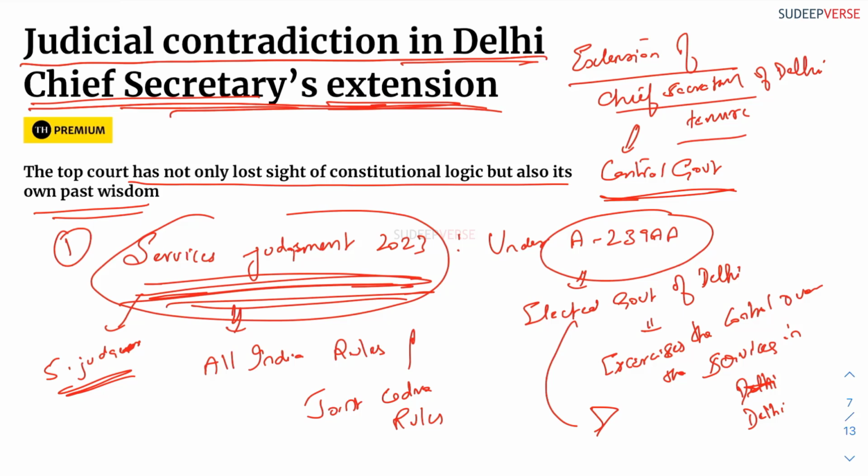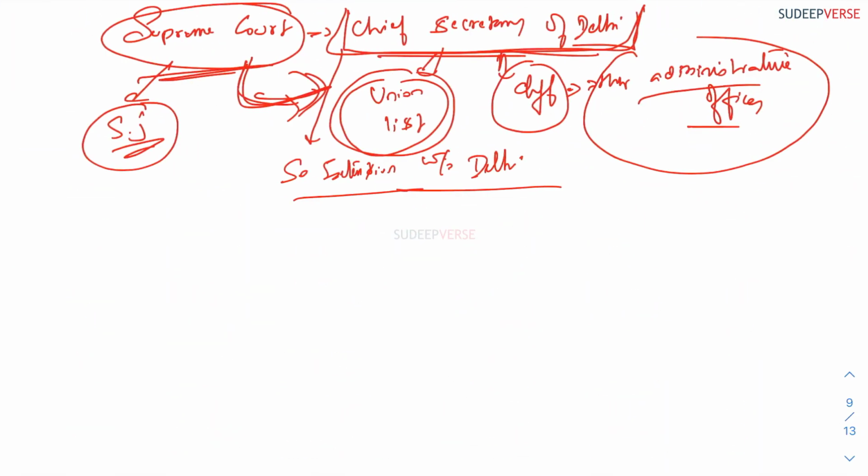Okay, so that is where the author says that it has not only lost sight of constitutional logic but also its past wisdom. So here one important case that you should know is the 1973 E.P. Rayappa versus the State of Tamil Nadu. This case is important.